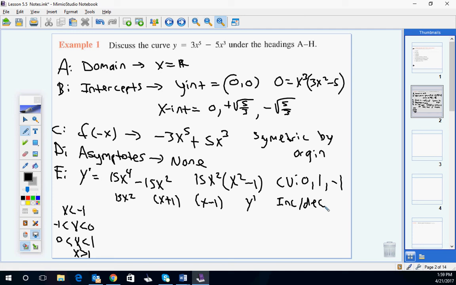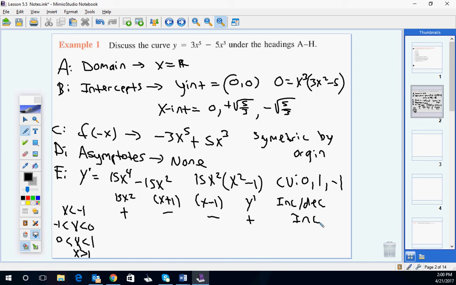If I do something less than -1, that's squared, that's going to be positive. Less than -1 is going to be negative and negative. Okay with that? So plus, minus, minus means a plus, so we are positive here for increasing. So we're increasing from negative infinity to -1.